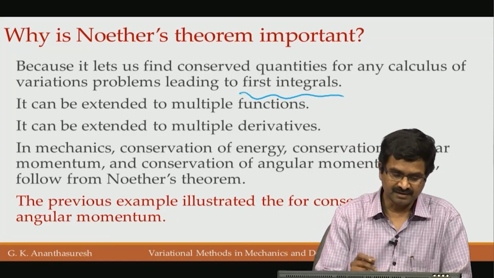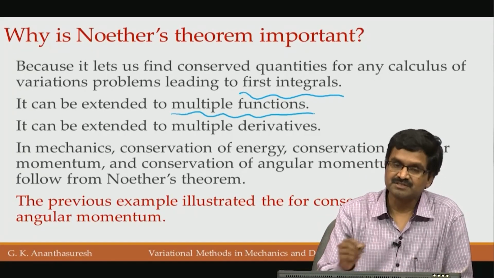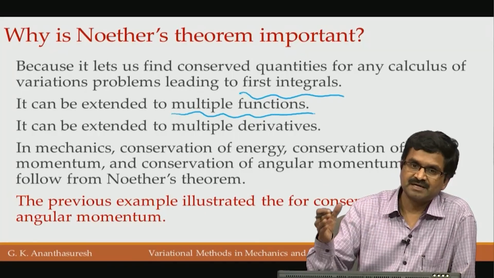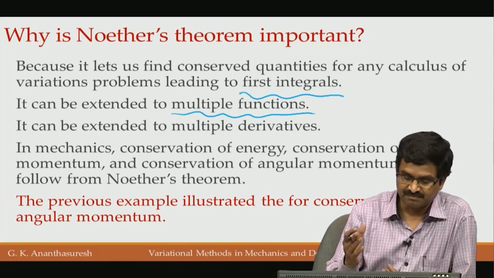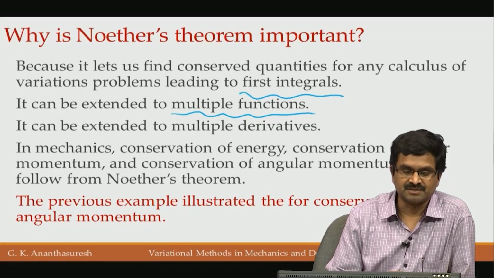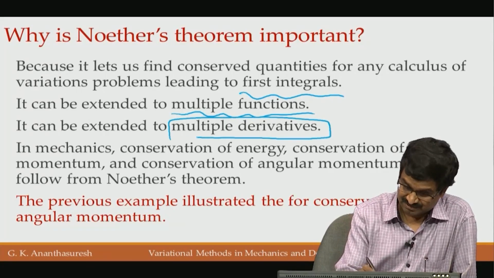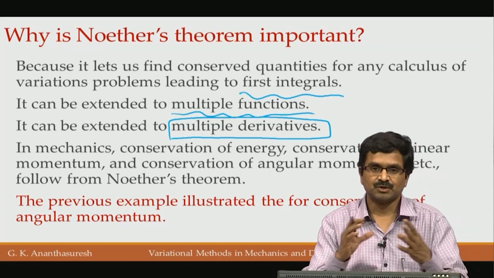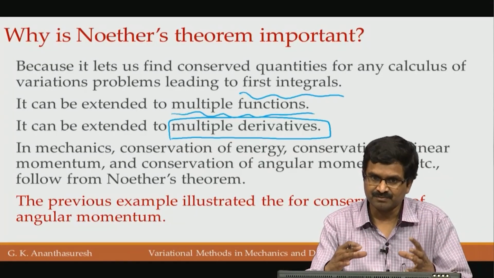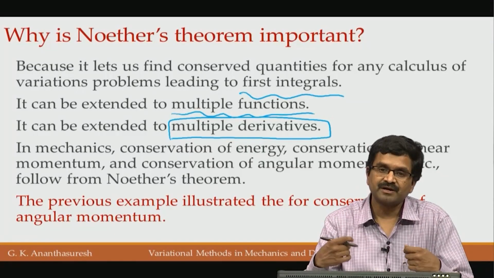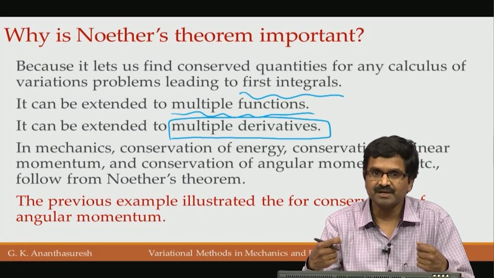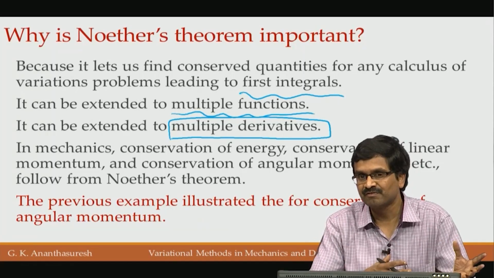Okay. And it can be extended to multiple functions, as we saw for x, y, z for n particles, 3n functions. It can also be extended to multiple derivatives. I had said that earlier, but I am emphasizing again that we can state Noether's theorem for multiple derivatives also. That is what we have been doing from the beginning.